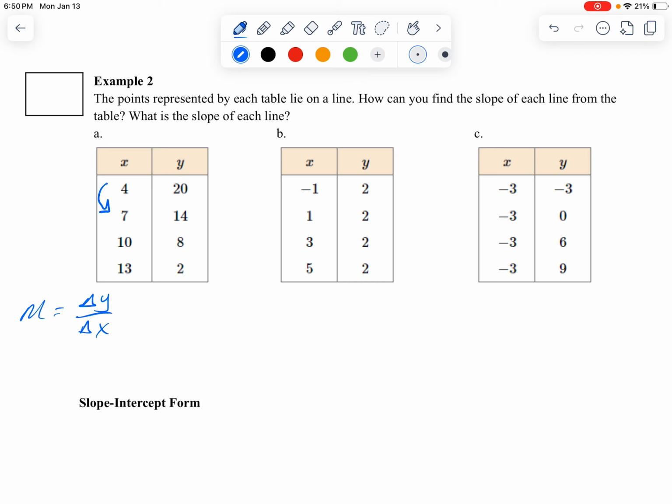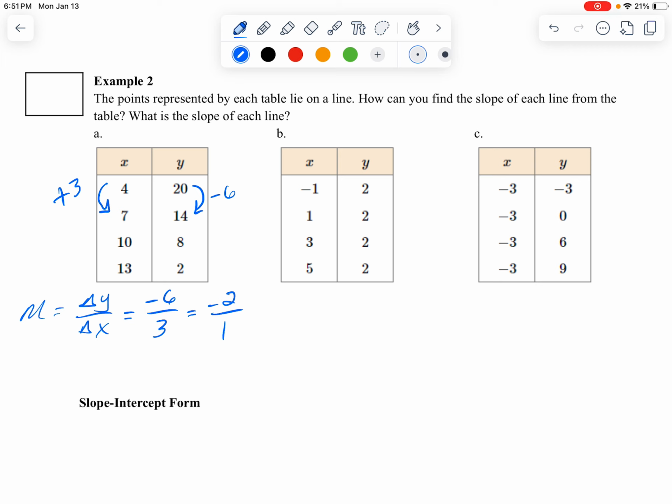So I'm going to think from 4 to 7, what is the change in x? Not plus 1, plus 3. And from 20 to 14, the change in y is minus 6. So change in y over change in x, negative 6 over 3, which if we simplify, negative 2 over 1.